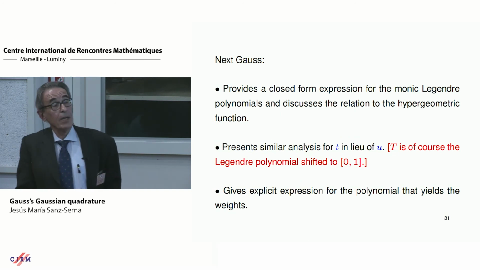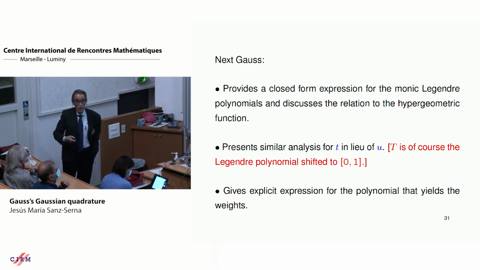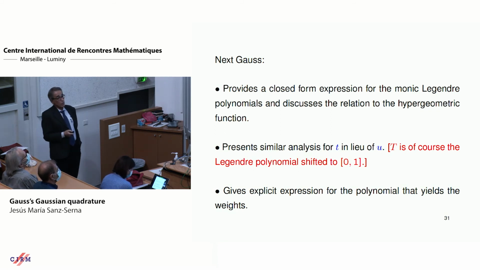And having said that, then Gauss provides closed form expressions for the monic Legendre polynomials of arbitrary degrees. He discusses how to write the Legendre polynomials in different ways in terms of hypergeometric functions.